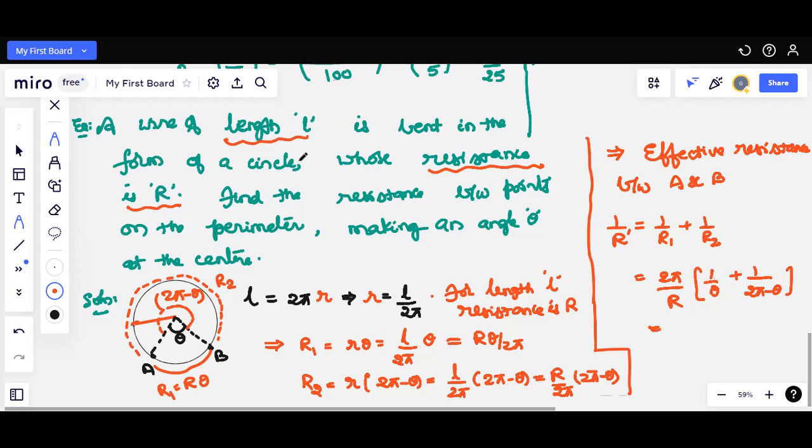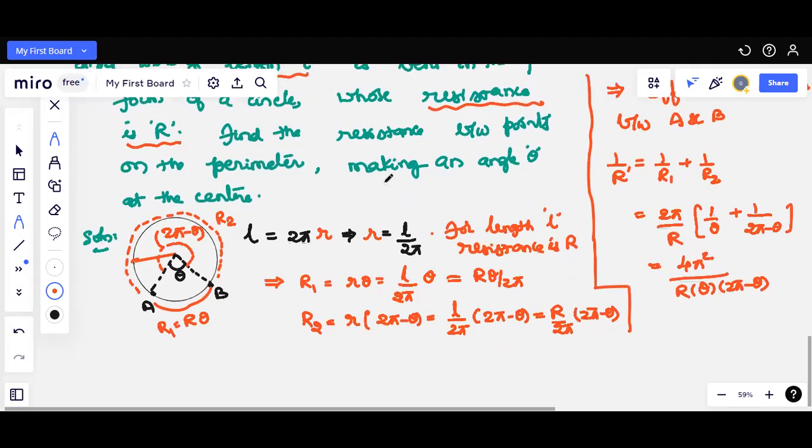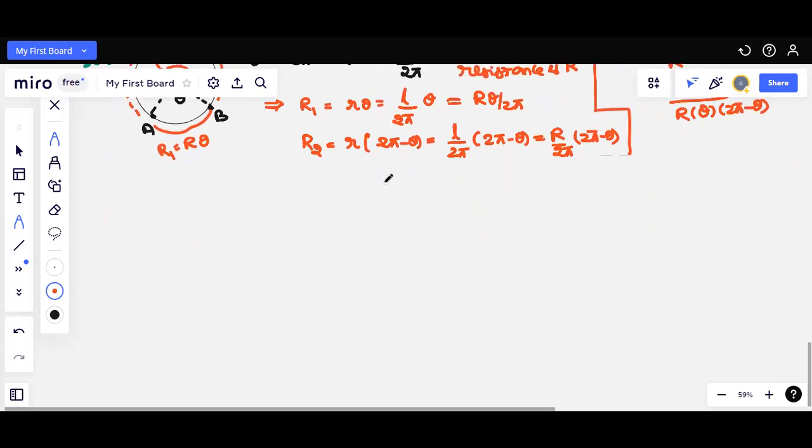Okay, and you are getting, after taking LCM of 2 pi minus theta and theta, and 2 pi into 2 pi, 4 pi square by r into theta into 2 pi minus theta. Therefore r dash equals, I write it on the next page, for an infinite long sheet.